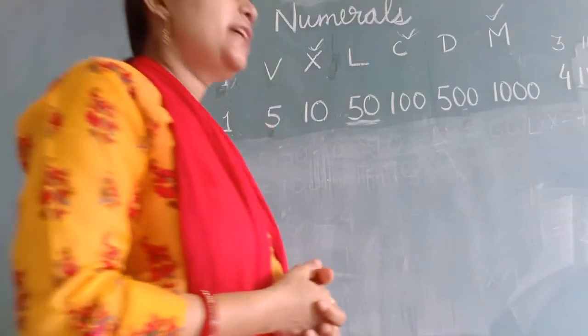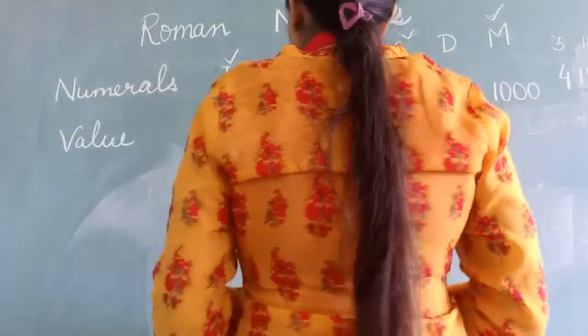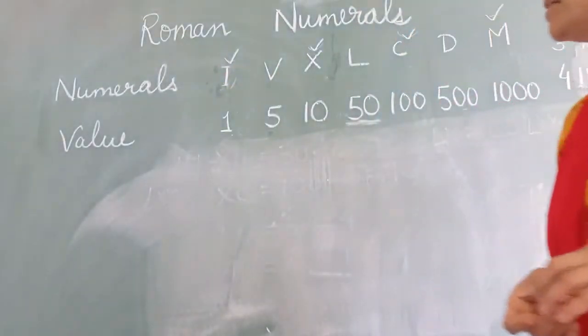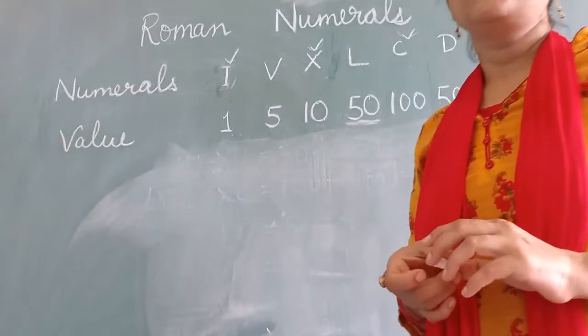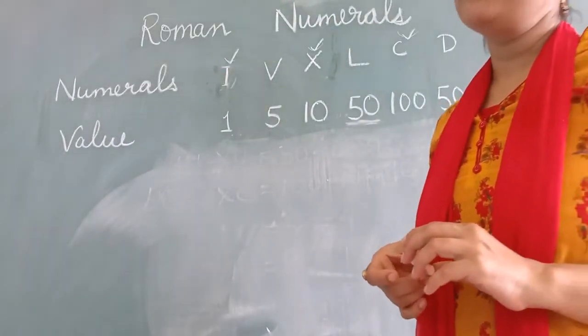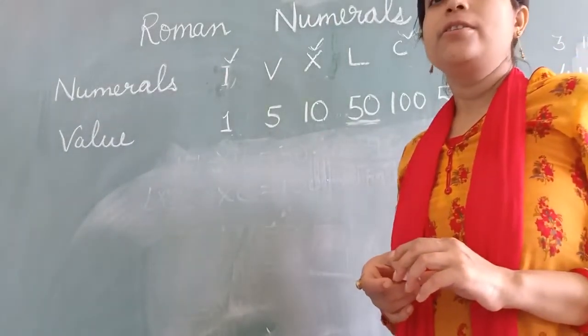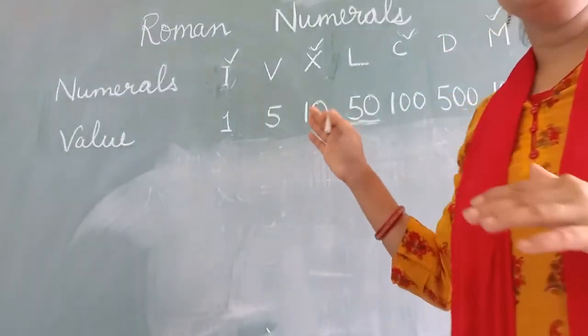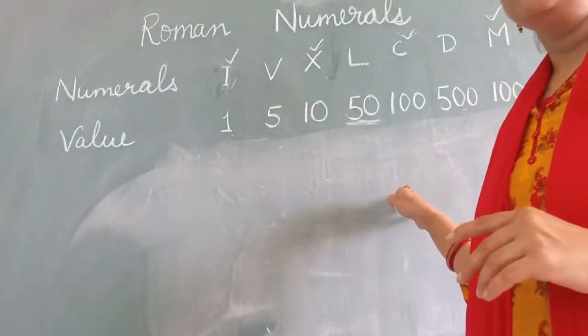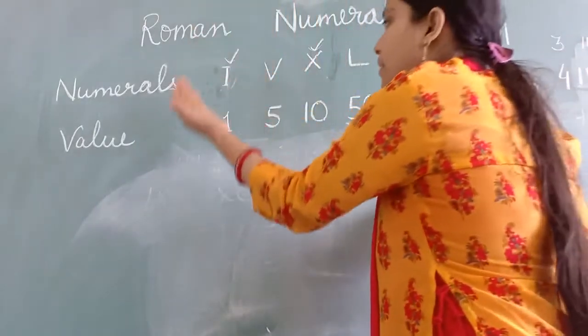So the next rule is that when a smaller number is written before a larger number, that number is subtracted from the larger number. It is not added to the larger number. The smaller number is always subtracted from the larger number when it is written on the left hand side.